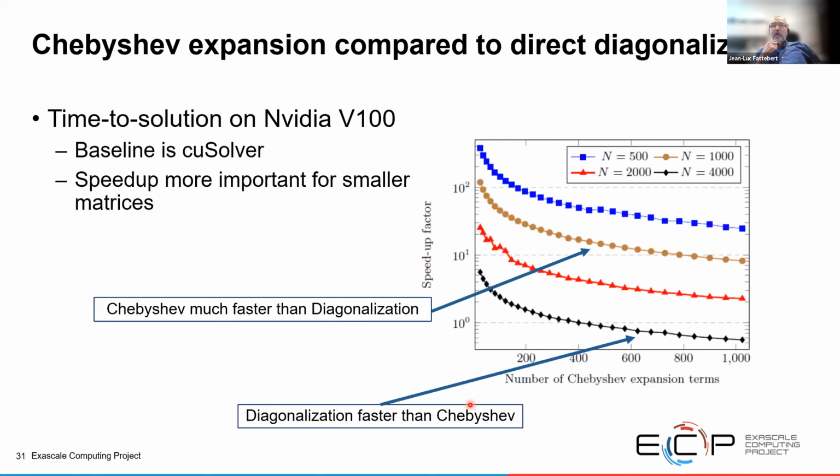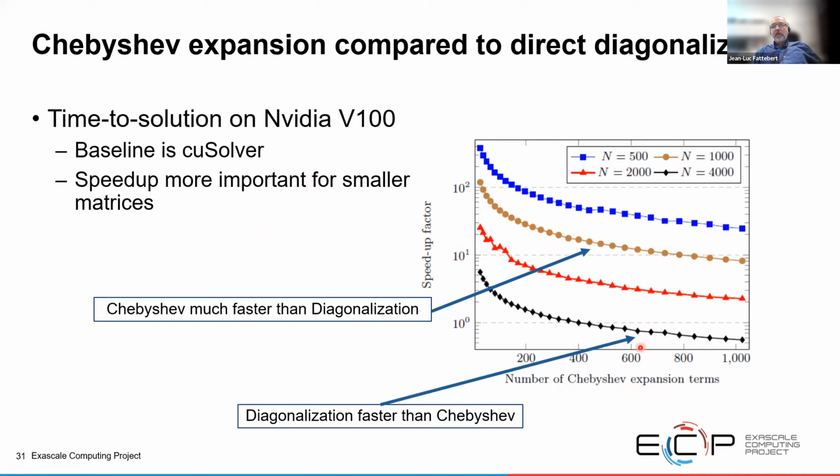Now, how does it perform in practice? This is a test we did on NVIDIA V100, on Summit at OLCF. We are comparing what speedup we get from using such an algorithm compared to using a dense diagonalization with the solver from the NVIDIA library. And so we're showing here the speedup. As you can see, if your matrices are relatively small and your Chebyshev expansion order is not too long, you have a very substantial, a very good speedup.